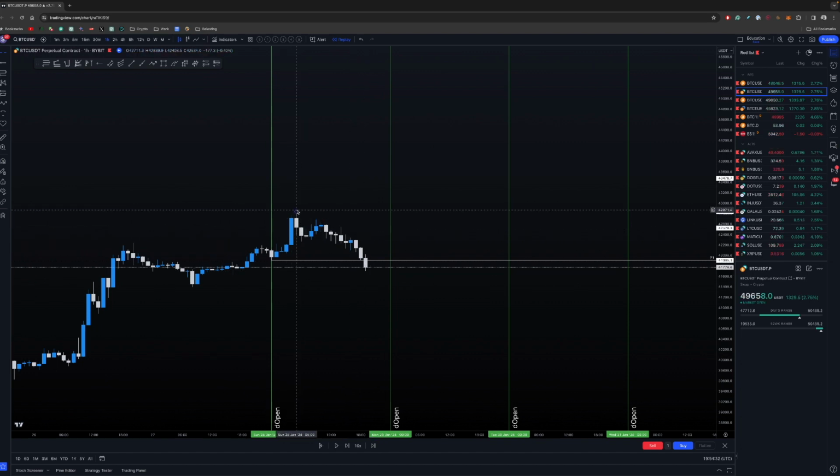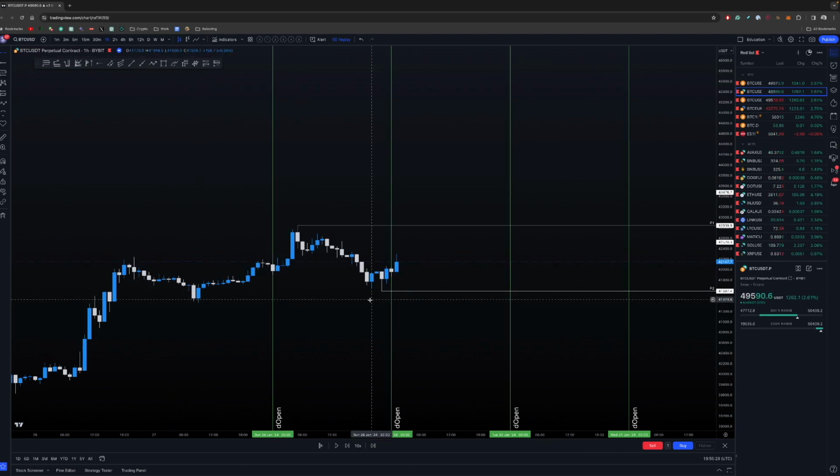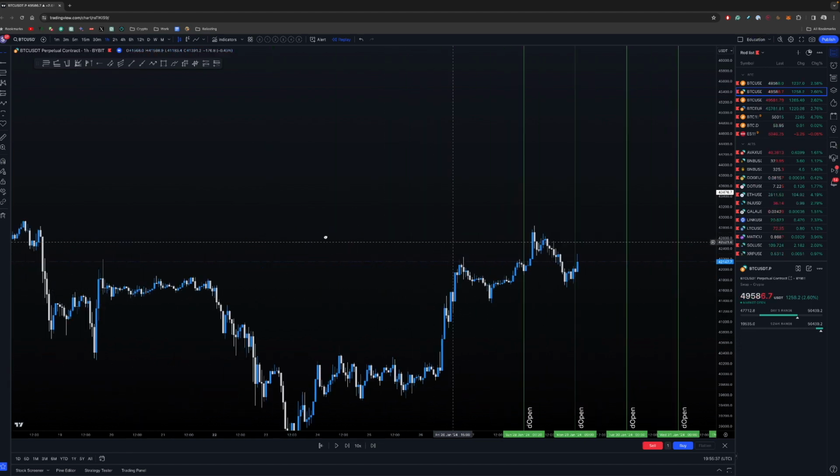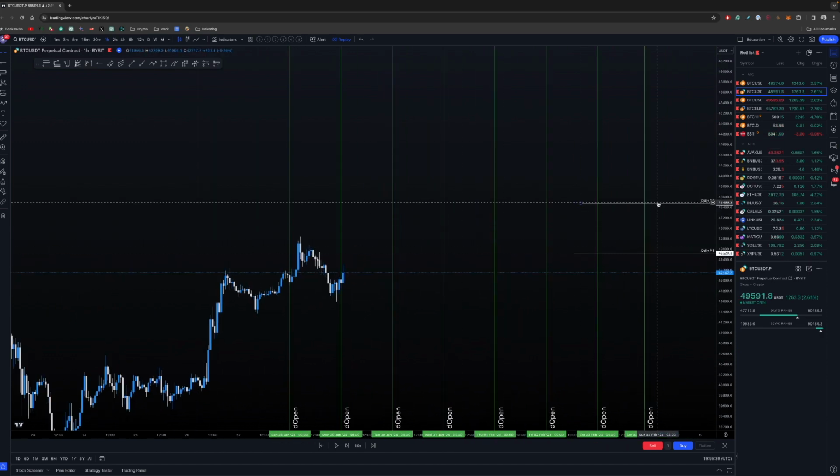So the low is now P2 and the high is P1. The second pivot of the day is now the first pivot of the day. Again, it's not important to understand exactly how we're going to use that information for now, just to understand that it is so.